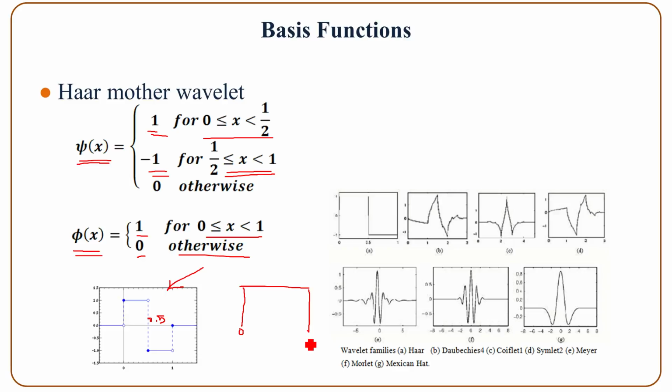This is 0 and this is 1. And this is phi of x, and the other is psi of x. And there are other wavelet families as well, as you can see here.